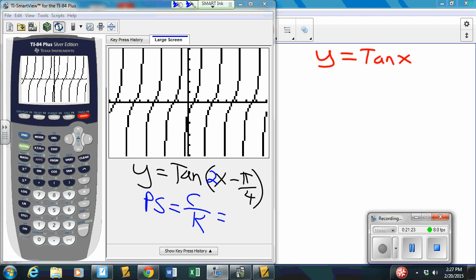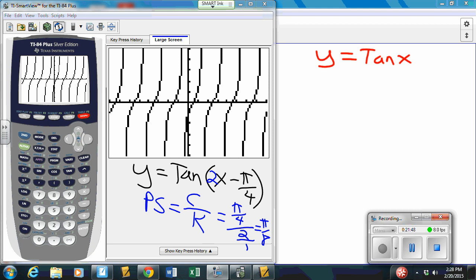Well, c is pi fourths, and k is 2. If you go pi fourths divided by 2, that's like over 2 over 1. You flip it over and multiply, you get pi eighths. So the actual horizontal shift was pi eighths to the right. That's why it's halfway between 0 and that first line over there. It's halfway between 0 and pi fourths, which is pi eighths.